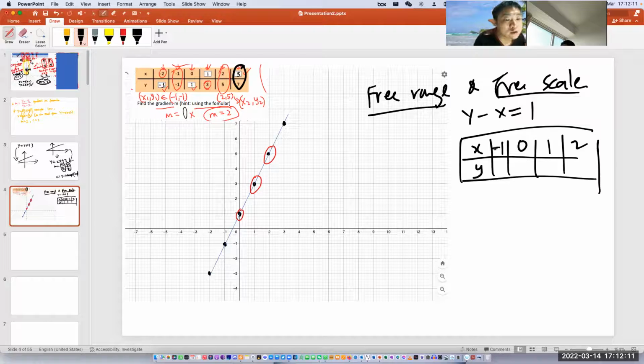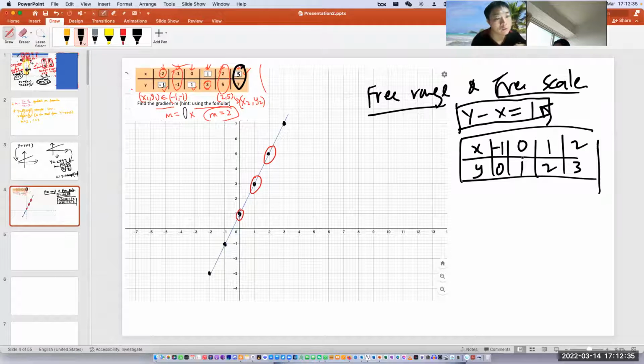So with -1, you put it in, is 0. 0, you put it in, 1. 1 equals 2, 2, 3. Basically, you just get it into this. You get the x and y values table.